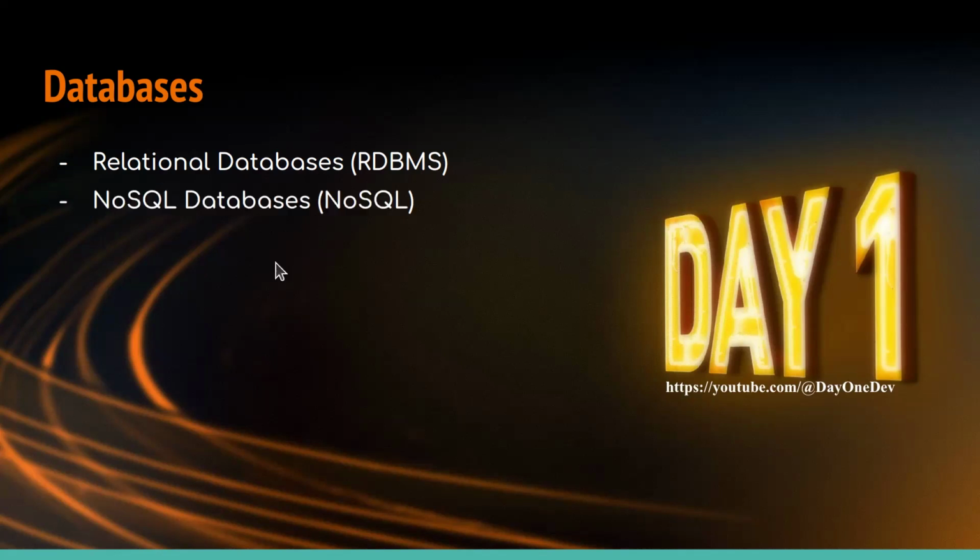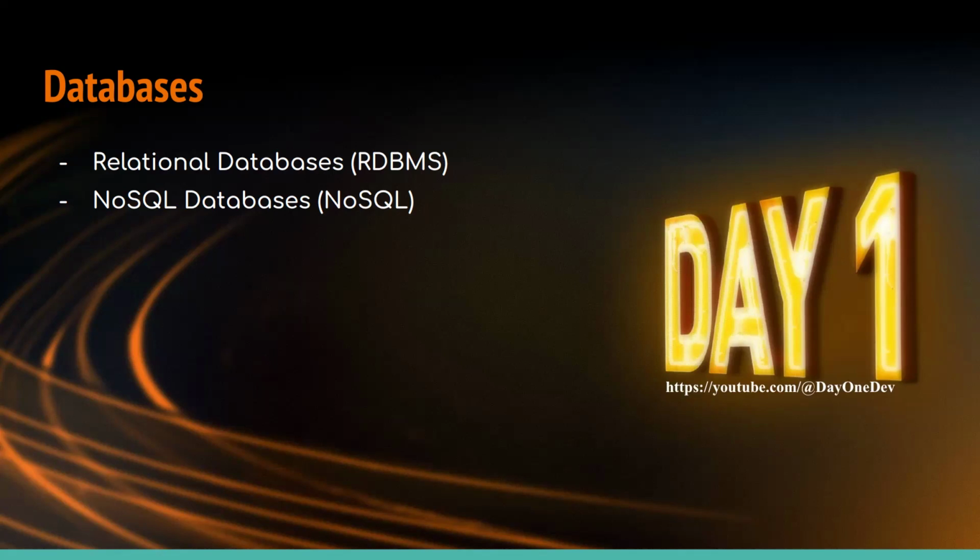NoSQL databases, as most of you are aware, include MongoDB, which most people have used in their careers. It's for semi-structured and rapidly changing data. You keep most of your data in a JSON format, and you can also store document-oriented data.